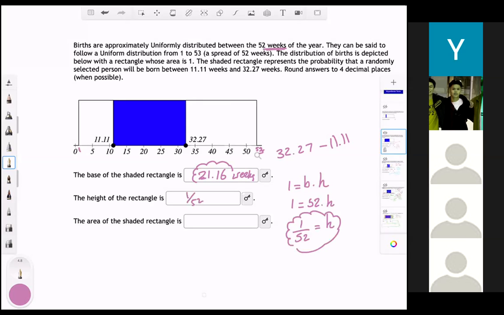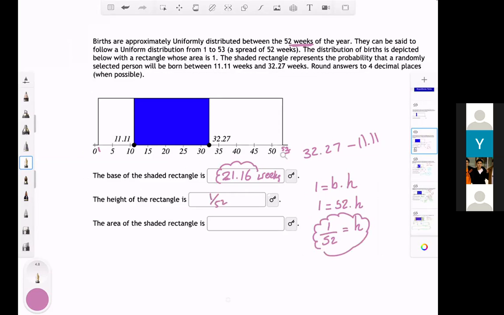And can you tell me what is the area? 0.407. I'm going to check. So 1 over 52. For this question, you need to round, you need to make it a decimal.